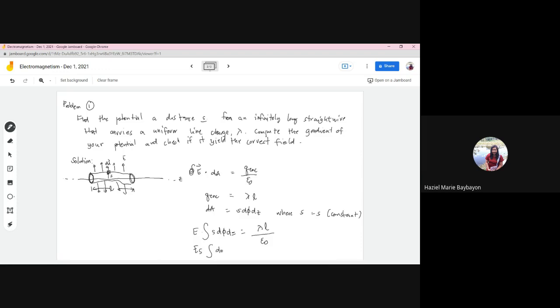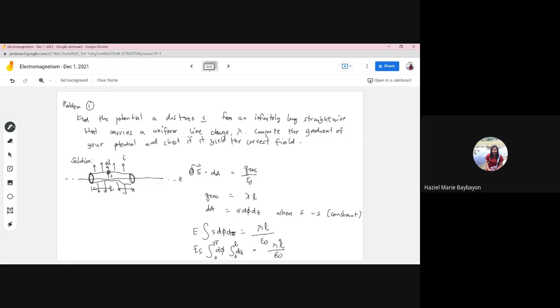So, this is d phi from 0 to 2 pi, and then dz is from 0 to L. Okay, and then we have lambda L over epsilon naught. All right.